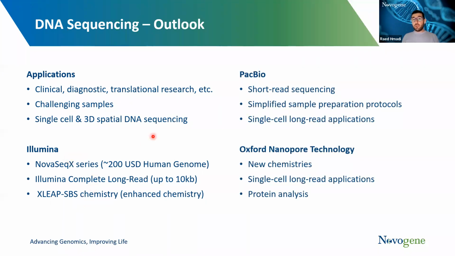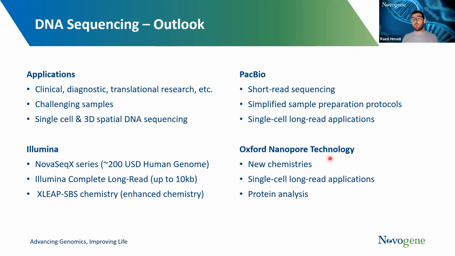And in addition to Illumina, other companies such as PacBio and Oxford Nanopore are also investing in the future of DNA sequencing. For example, PacBio is now investing in short-read sequencing, so they do not want to provide only long-read sequencing, but also short-read sequencing. They keep improving their workflows, and now they are trying to simplify the sample preparation protocols and even investing in single-cell long-read applications.